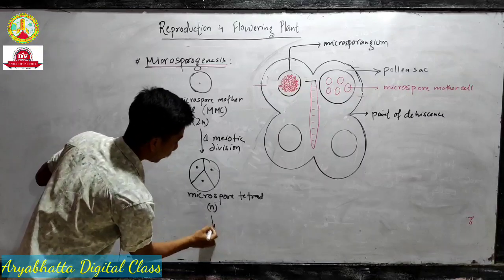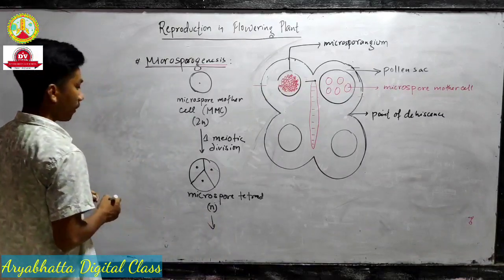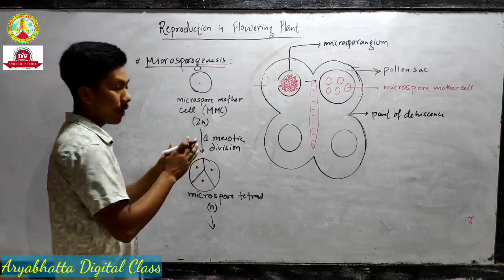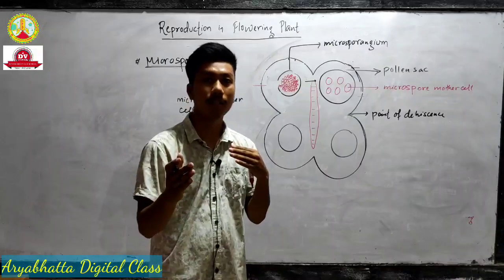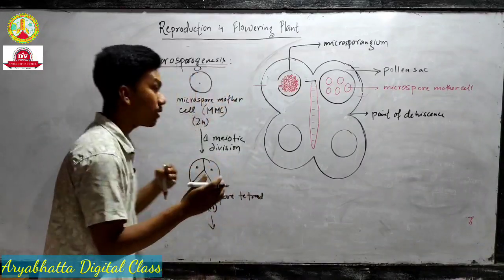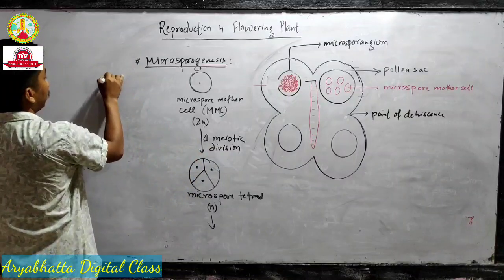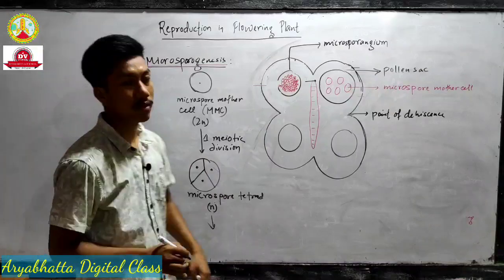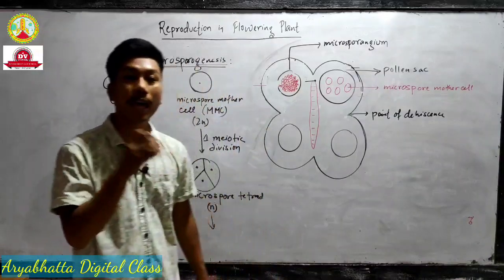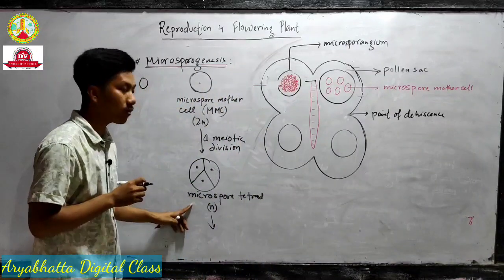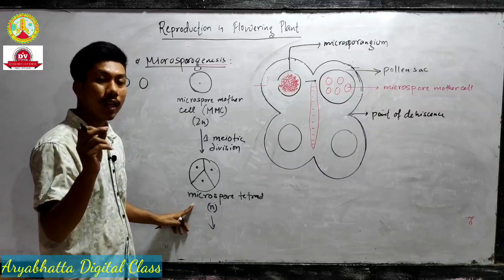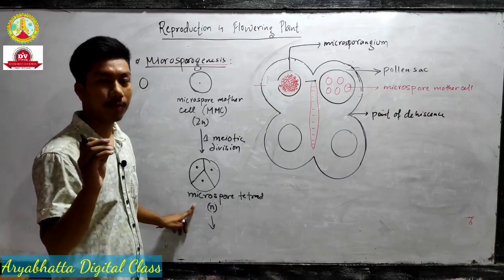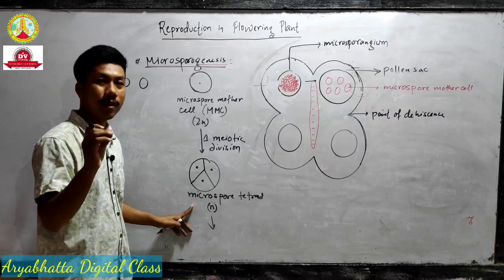You continue. I will draw that side. So the microspore tetrad will now separate, the microspores will degenerate from each other. Who helps in the degeneration of the microspore tetrad? Which cell? Tapetum, because tapetum produces what enzyme?